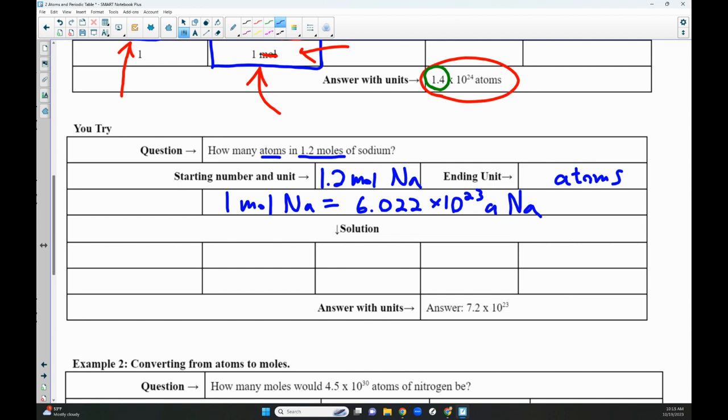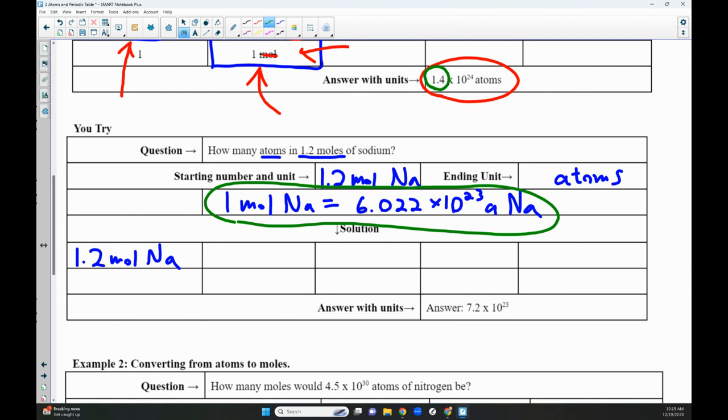So I'm going to put my starting number and unit down in the train tracks as it always does. It's going to go right here. And now I'm going to multiply by my conversion factor. I want to cancel out moles of sodium, so I'm going to put that on the bottom of my conversion factor, 1 mole of sodium.